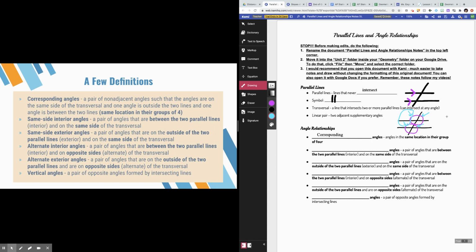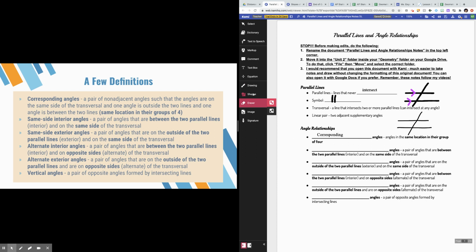Another way you can think about it is that the angles will be on the same side of the transversal, either on the left or on the right. One will be outside the parallel lines and the other will be inside the parallel lines. So those are your corresponding angles. I'm trying to illustrate as I go here.